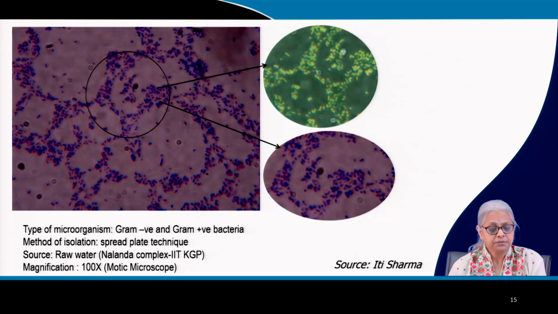This is a raw water sample. Again, the same thing. It has a mixture of gram-positive and gram-negative bacteria. The method of isolation was a spread plate, and the same thing is shown over here. It actually has a mixture of purple and pink cells, but you can see purple is much darker compared to pink. So purple dominates under bright field.